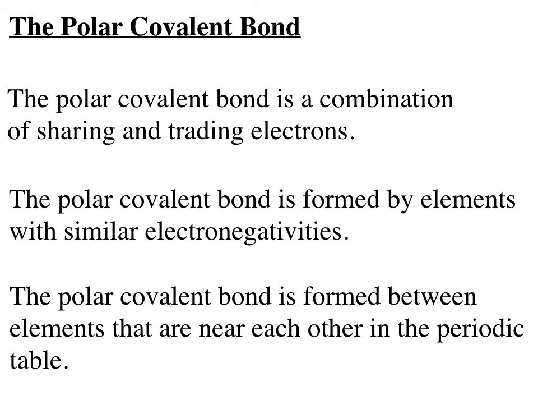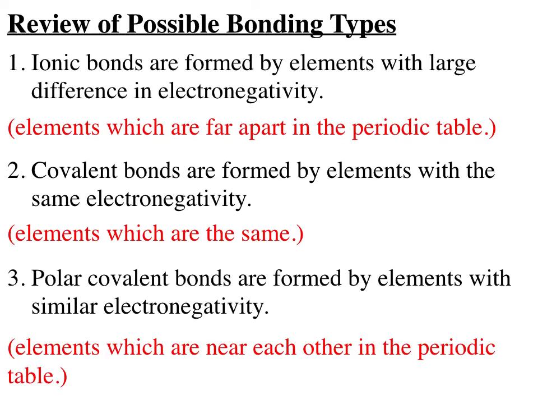So as a review, ionic bonds are formed by elements with large difference in electronegativity, meaning elements far apart in the periodic table, typically metal with nonmetal.